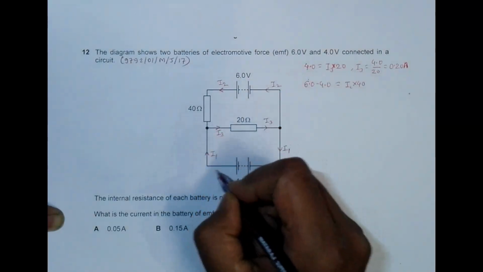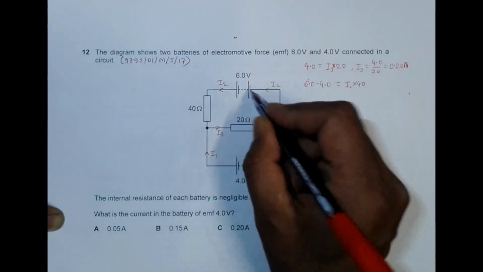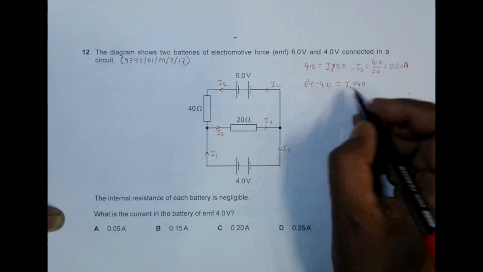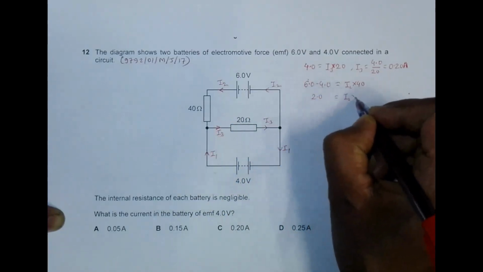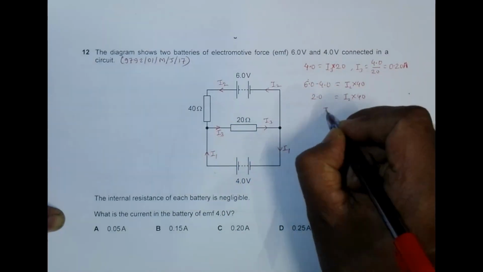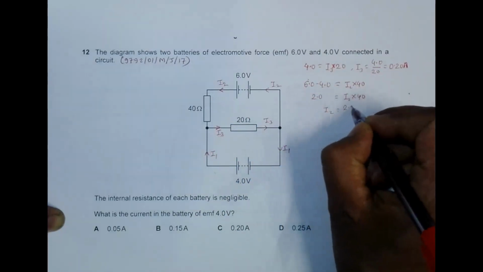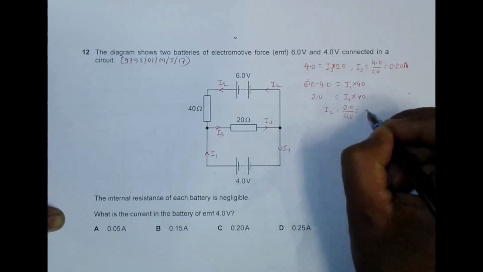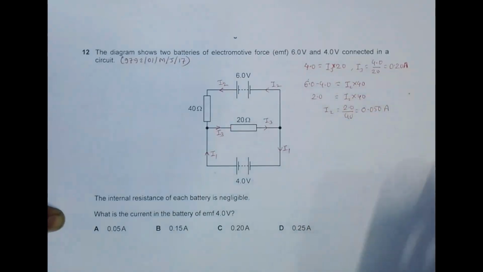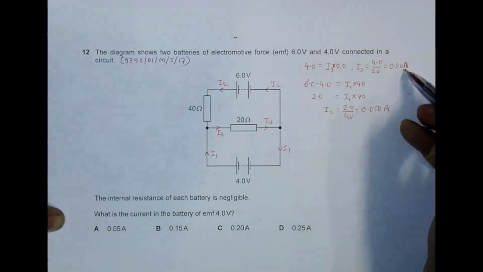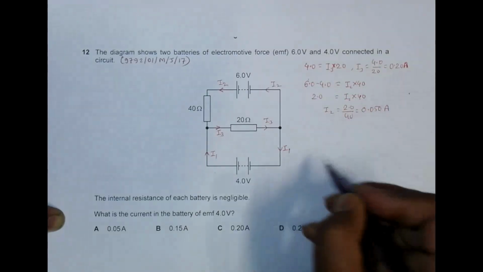As you come from here, there is no other resistor at all, so our equation is just 2.0 equals I2 into 40. So I2 is equal to 2.0 by 40, which is 0.050 amperes. So we have this as 0.20 ampere and this as 0.050 ampere.